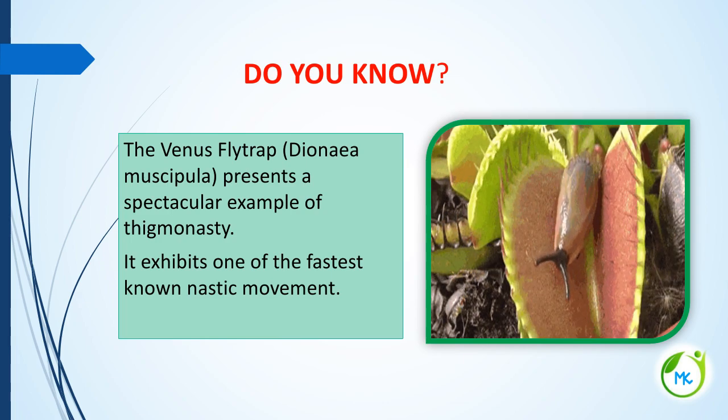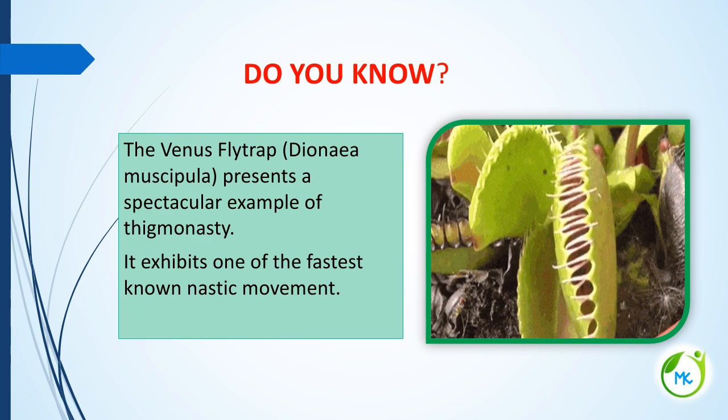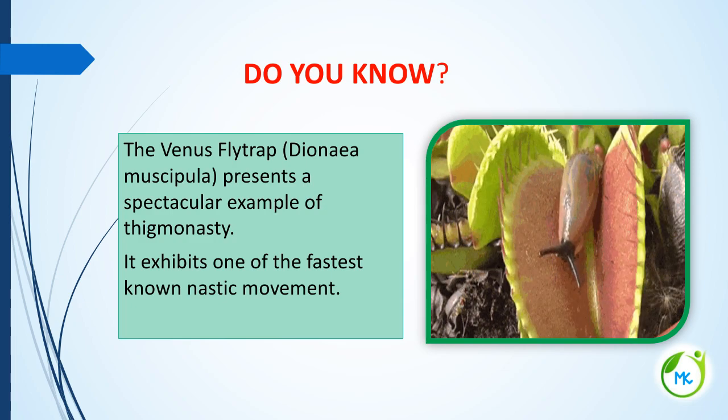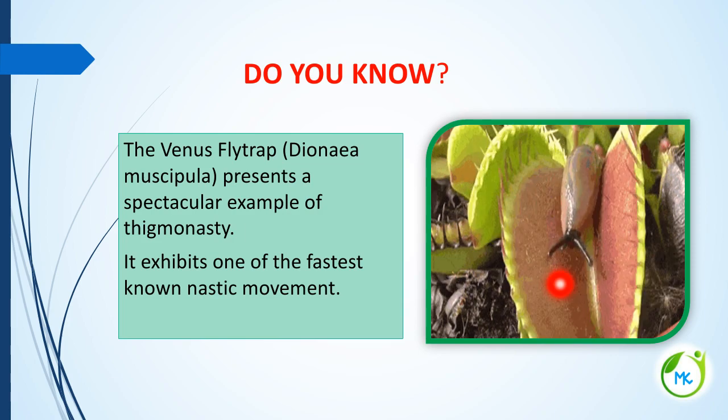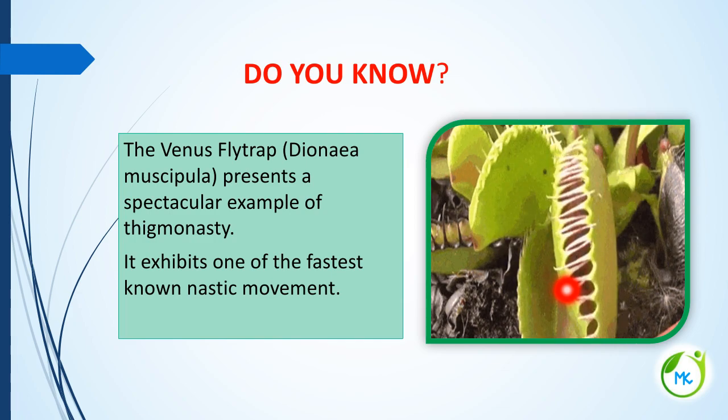It is a kind of insectivorous plant and it exhibits one of the fastest known Nastic movements. Here in this illustration you could see the Venus flytrap traps the insects. So this is a kind of Thigmonasty. Once again you can have a look into Thigmonasty, as the insect enters, the leaves get closed.